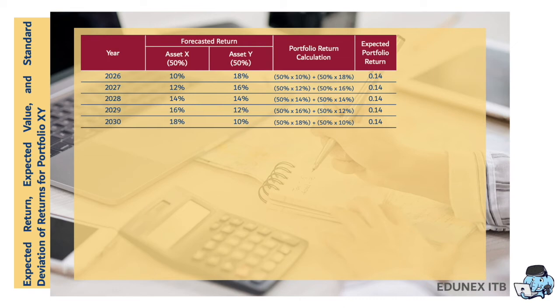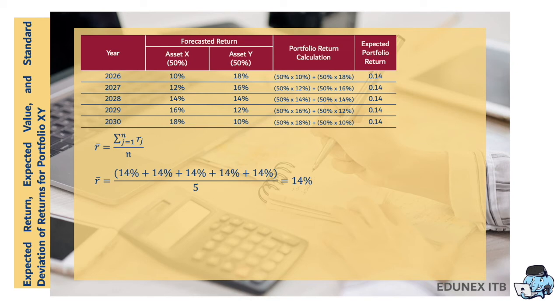That's the expected return of the portfolio in each year. To find the expected value of return, when all the outcomes are known and the related probabilities are equal, it can use a simple arithmetic average. Therefore, we can find the expected value of return in this portfolio is 14%.